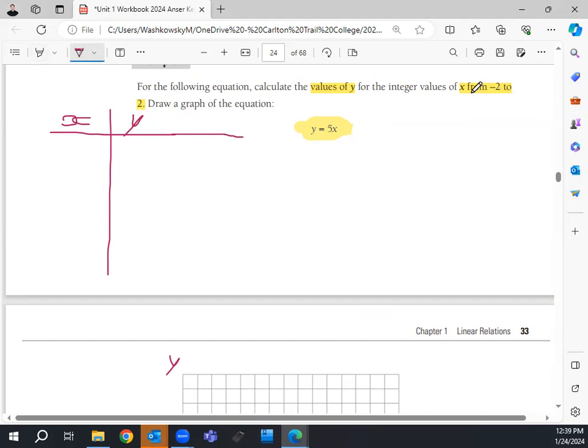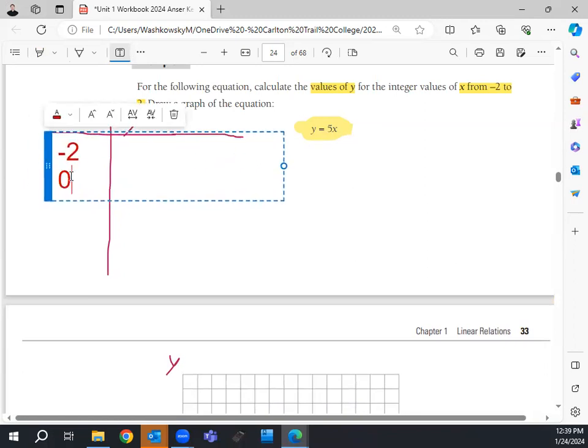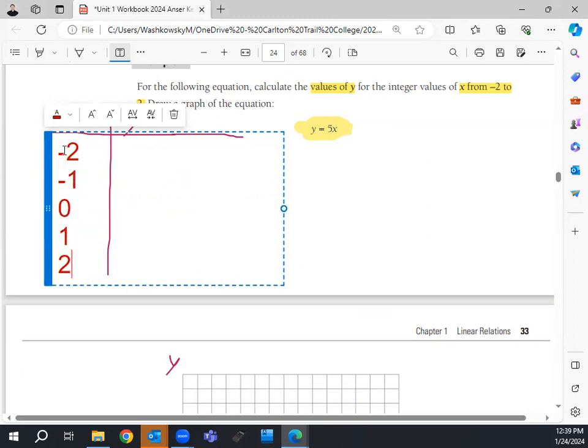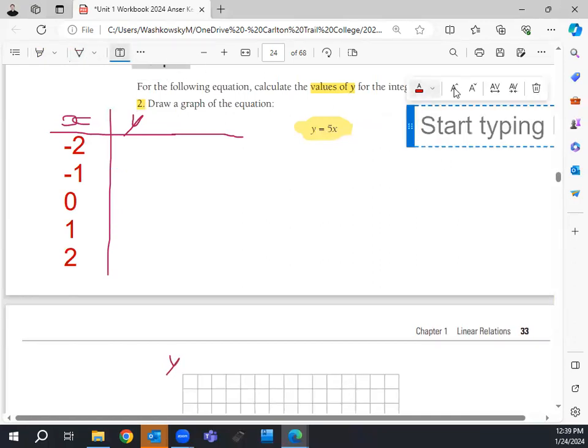So it wants me to figure out what y is if instead of x, I put -2, -1, 0, 1, and 2 in there, right? So those are the values I'm going to put in here. -2, -1, 0, 1, and 2. So what is this asking me to do? This is asking me to substitute the values.